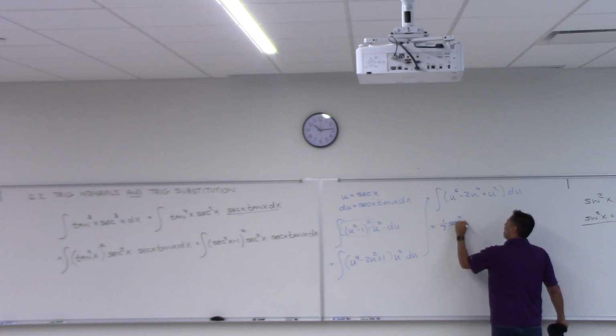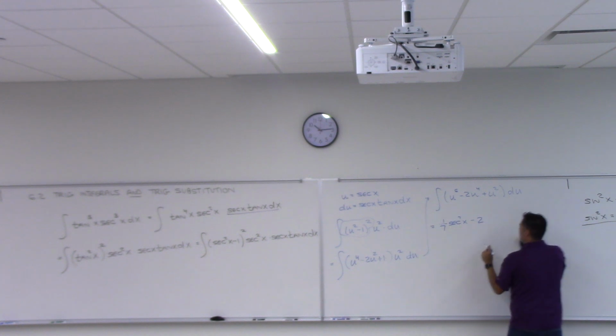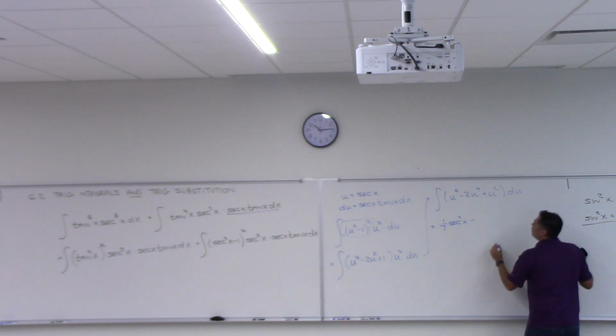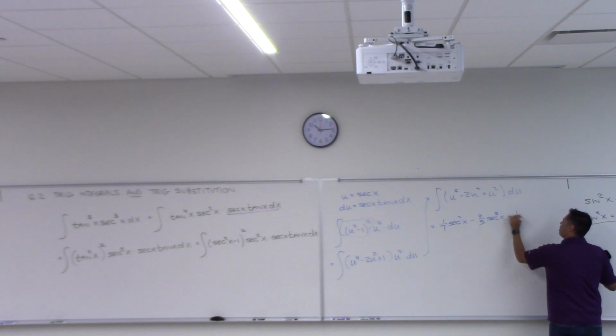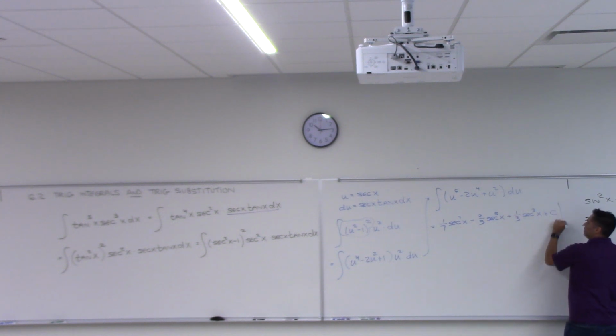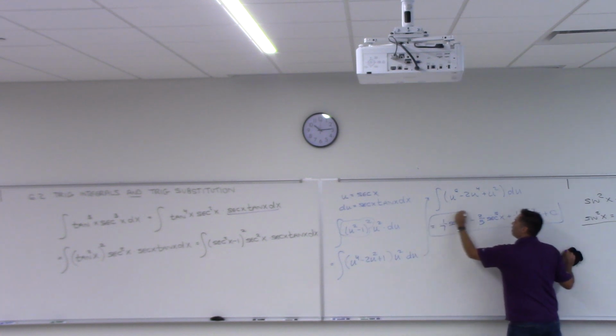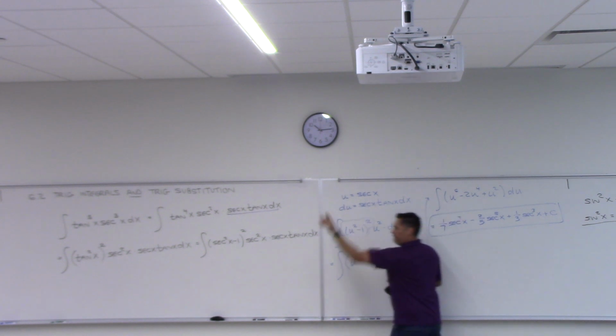Secant to the 7th x minus 2. Oh, wait, I need to do an antiderivative. 2/5 secant to the 5th x plus 1/3 secant to the 3rd x plus c. I think that one's done too. I'm going for it again.